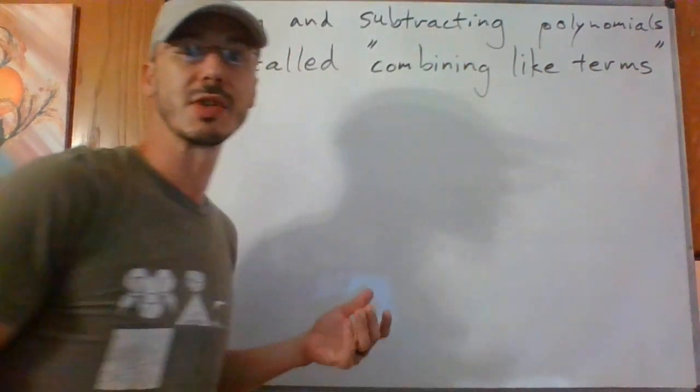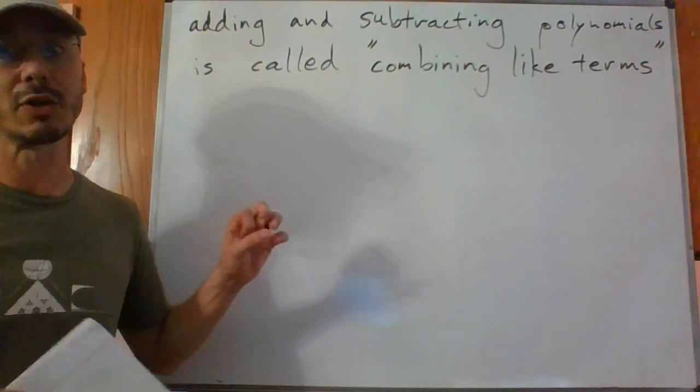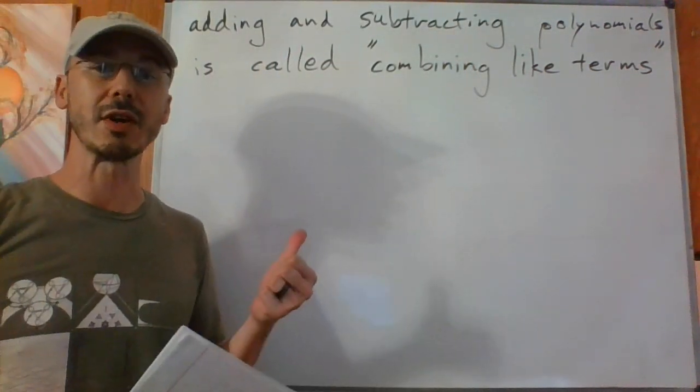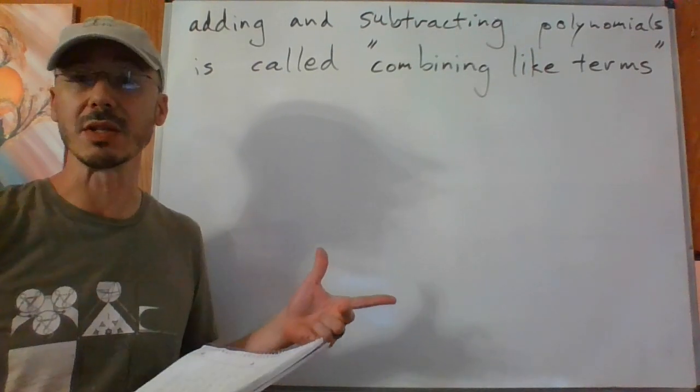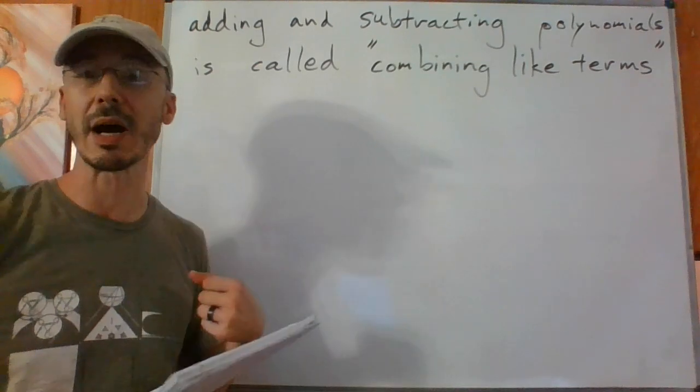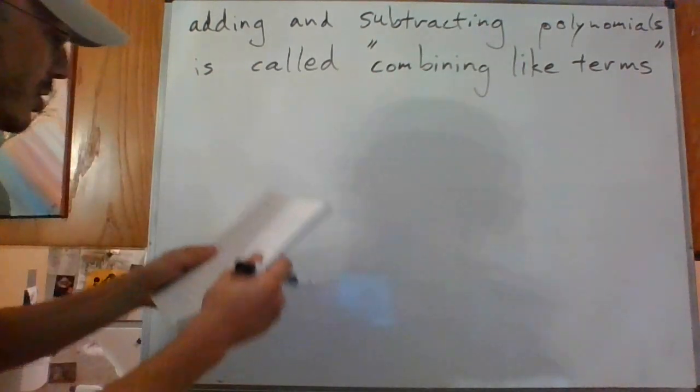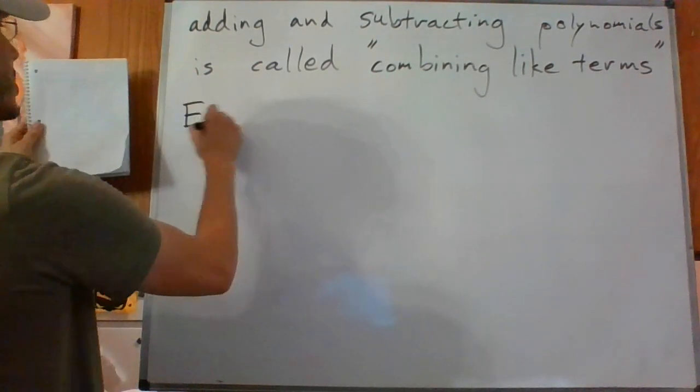So like terms are monomials that have the same variables with the same exponents. They may have different coefficients. That doesn't matter. That's what we're going to actually combine. But we can combine like terms to accomplish addition and subtraction.